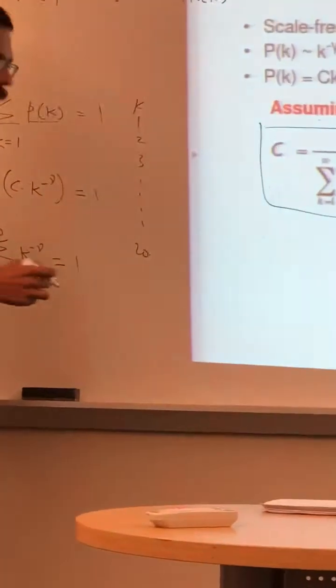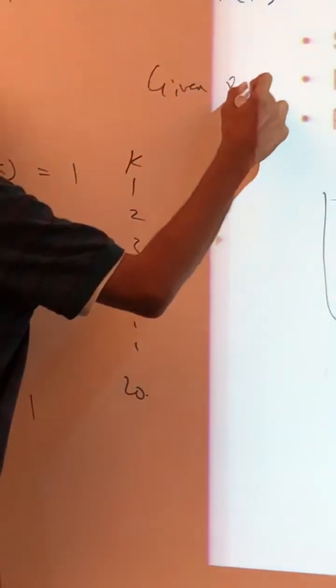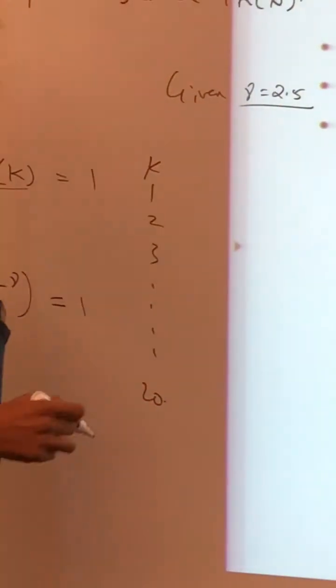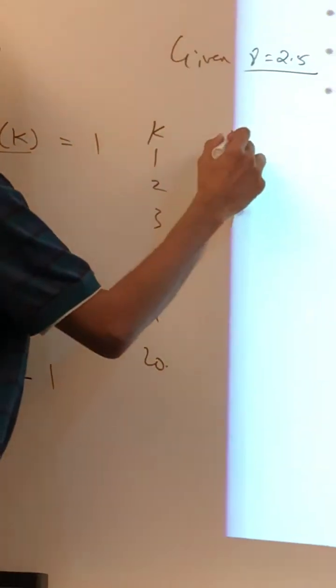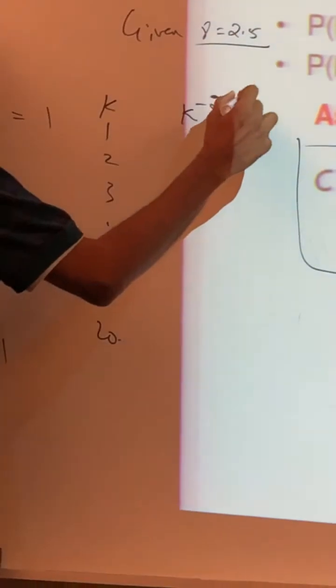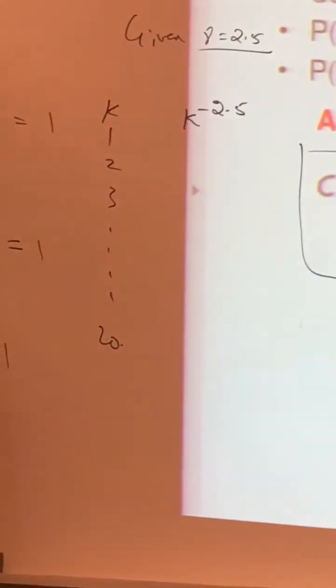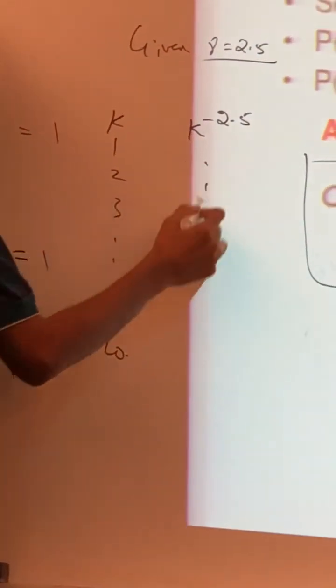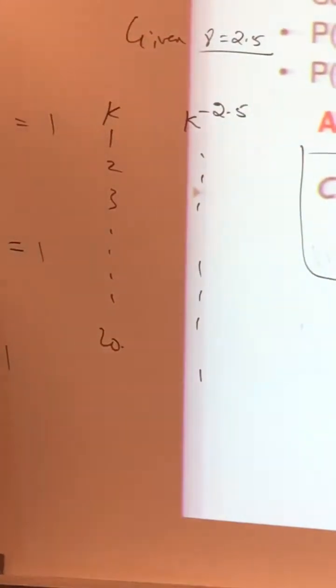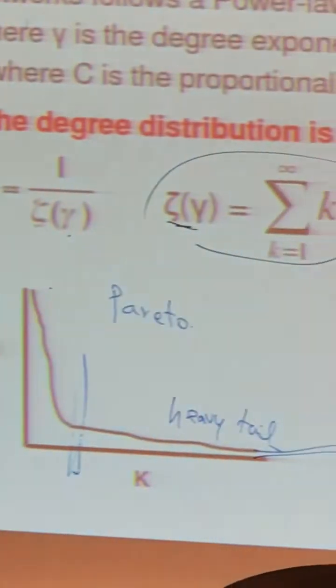You are given gamma. Let's say gamma is 2.5. Then find k raised to negative 2.5, for all the values.